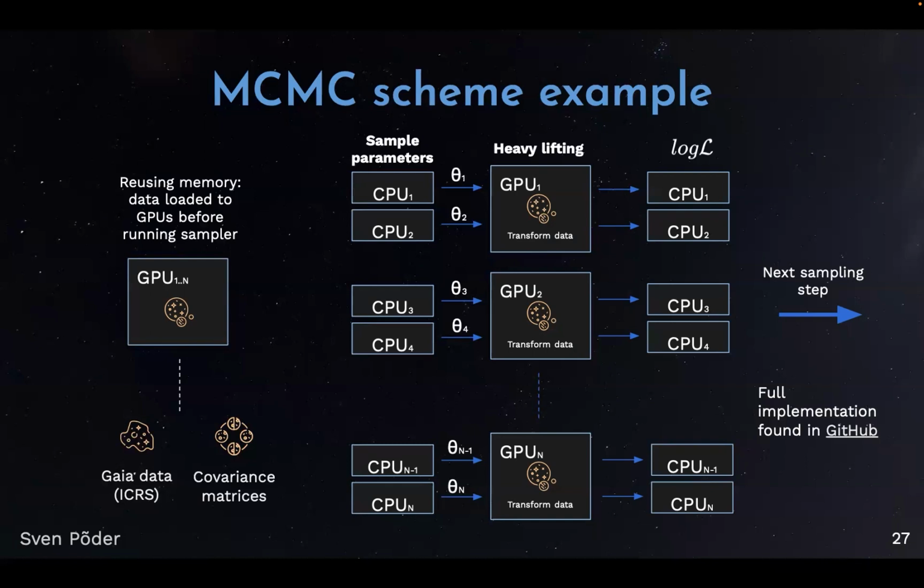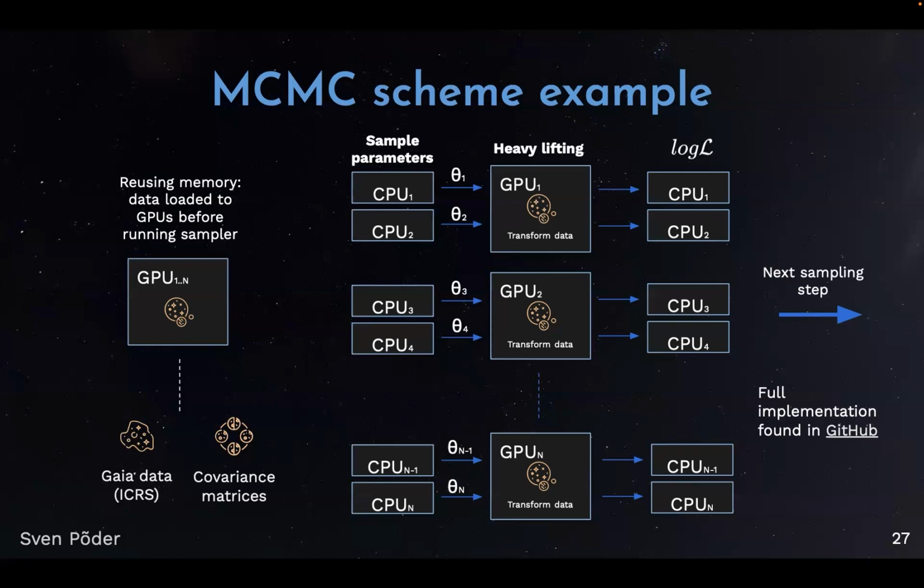So this is part of the data that you have to reuse when you're doing your MCMC loop, right? So it doesn't make sense that in every sampling step, you load this data in, do the transformation, load this back, load this data in. So when setting up the MCMC, we load this data beforehand to the GPUs. So when you want to use it, it's already there.